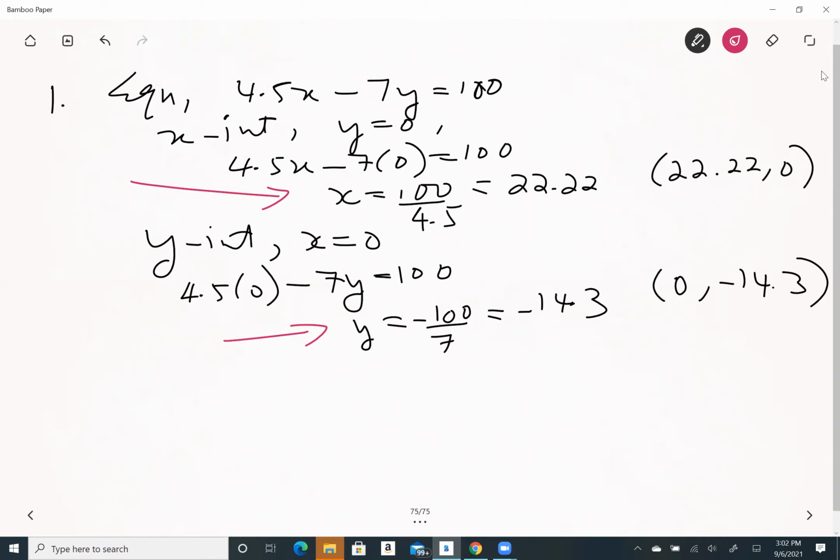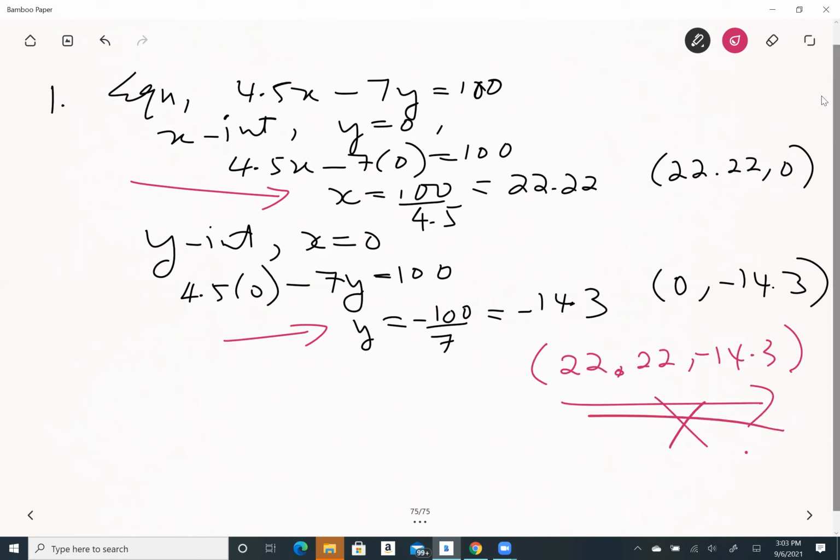And there are a few people who, after getting the y-intercept and x-intercept, give me the point 22.22, negative 14.3. No, that is wrong. What is this? I do not know. We are not looking for this point. We are looking for the intercept. The x-intercept is like that, the y-intercept is this. So why do you do that? I never taught you that. Okay, so that's how you get the intercepts.